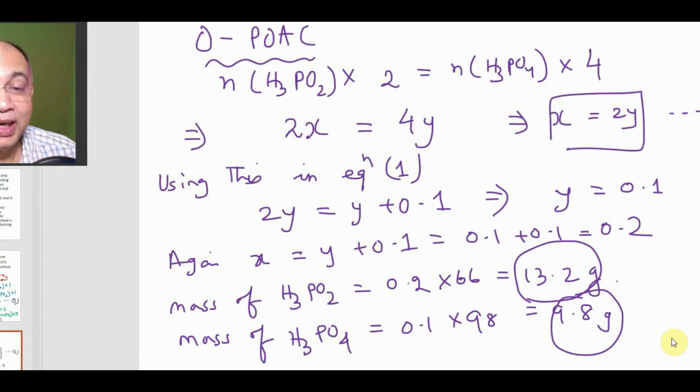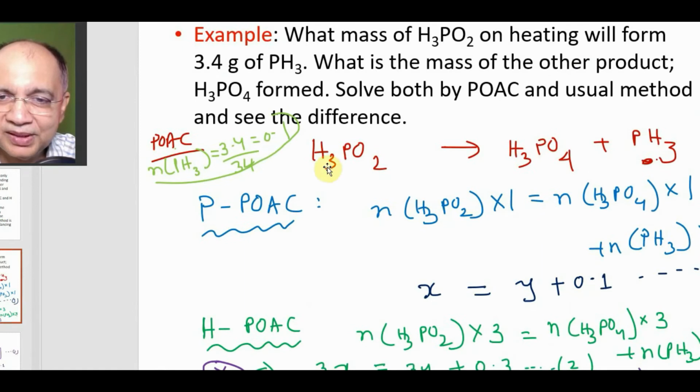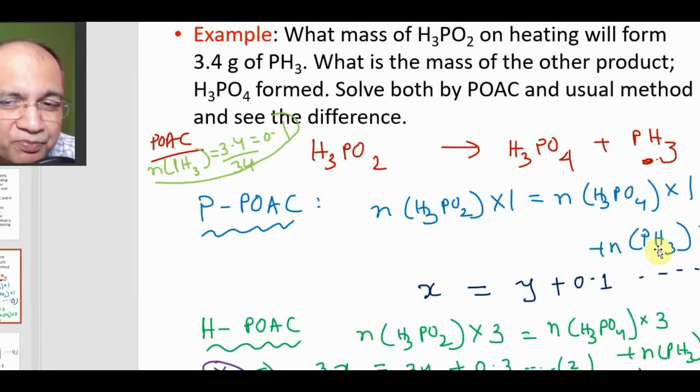So I think if you had remembered these 3 coefficients, then it is easier by the previous method, the normal method. I will call it the normal method of solving stoichiometric problems, by taking the balanced equation. But the POAC concept is also applicable to all.